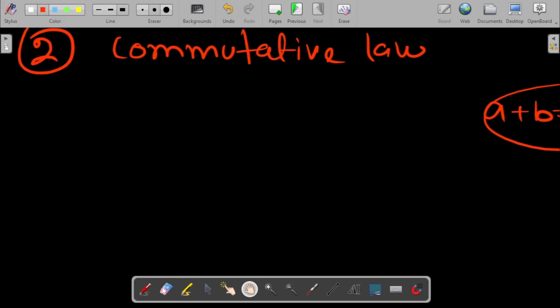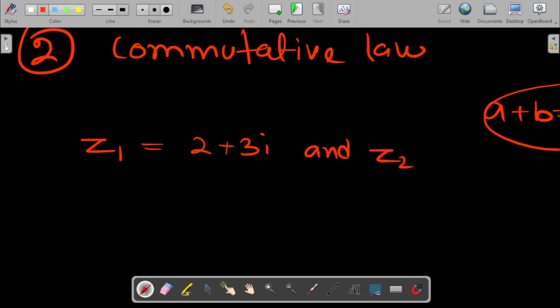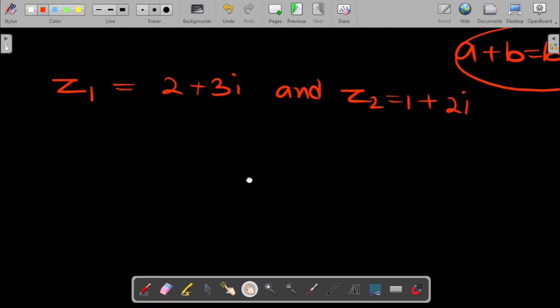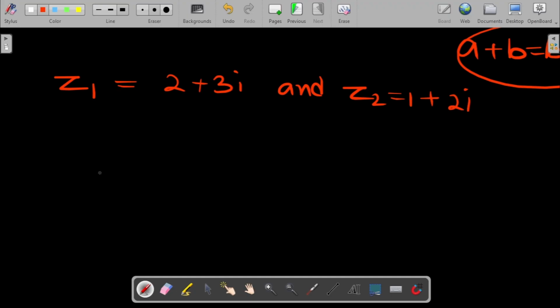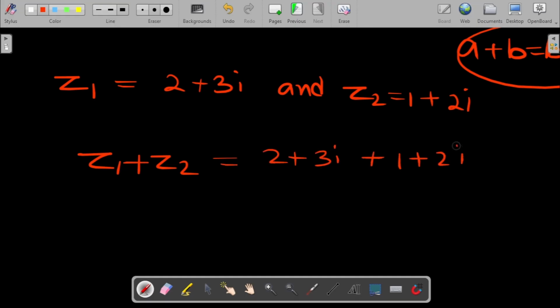So let z1 equal to 2 plus 3i and z2 equal to 1 plus 2i. Now we see z1 plus z2 and z2 plus z1. So z1 plus z2 equals 2 plus 3i plus 1 plus 2i.